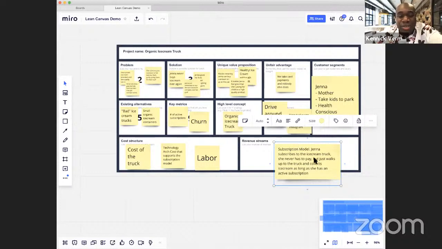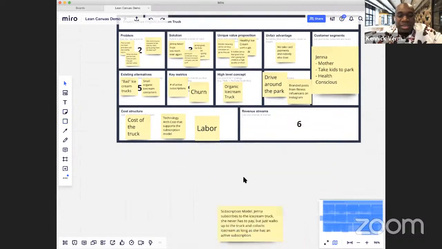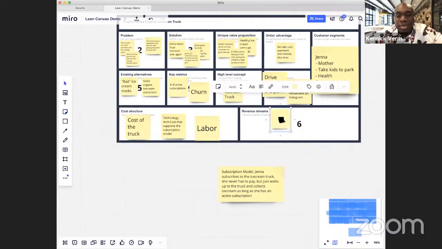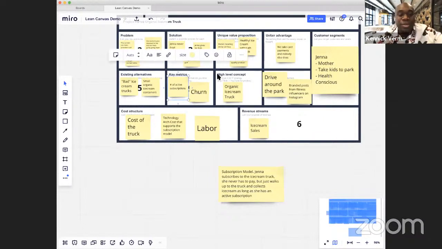Then now you change the revenue stream to, I'll actually just move this over here. You could change the revenue stream to ice cream sales. You could change the revenue stream, and everything else pretty much stays, no, sorry, the key metrics don't change.